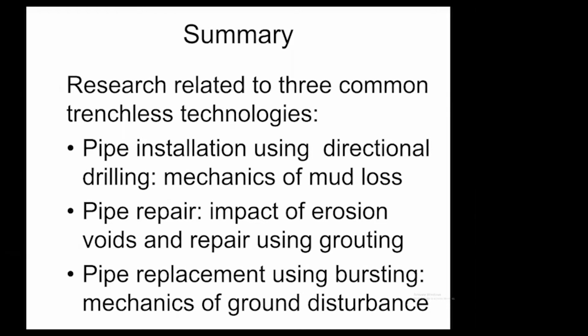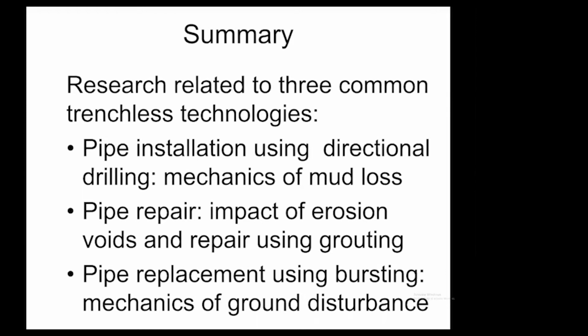Second example I'm going to give you involves pipe repair, where instead of looking at the liner that's installed within the pipe, we're going to actually look at repairing the soil. We can get erosion voids forming due to water infiltration and erosion of the surrounding backfill, and we'll look at repair of that sort of defect using grouting.